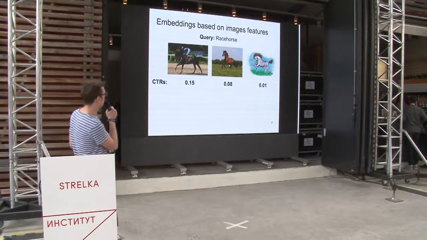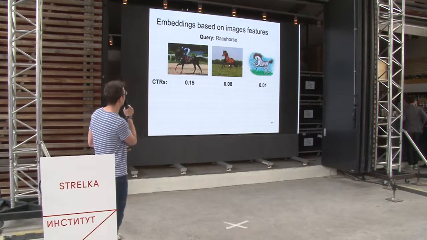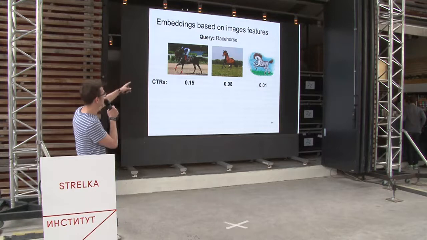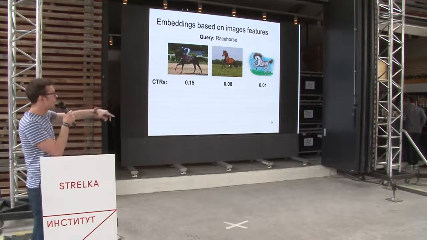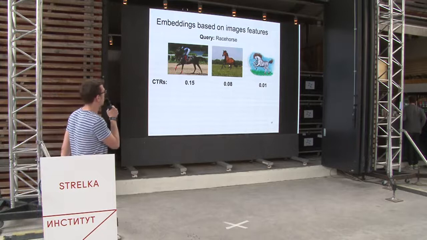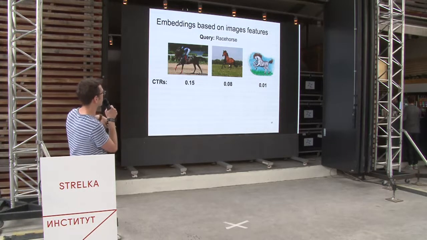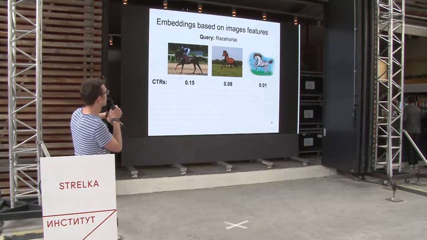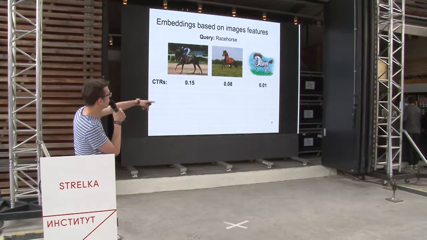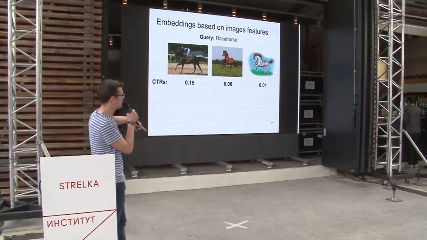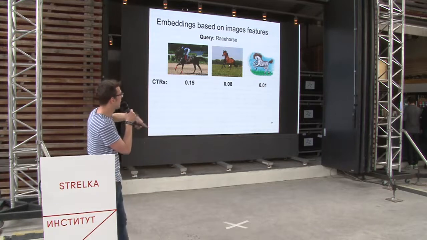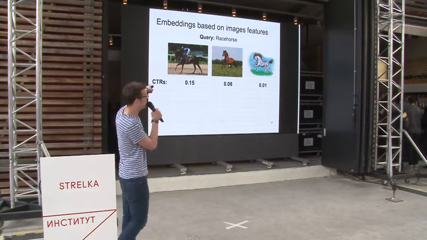For example, on this slide, we use as an example the query racehorse, and there are three corresponding images, and this is the CTR. So we can see that, for example, the drawing of a horse is clicked much less than, for example, a photo of a racehorse.